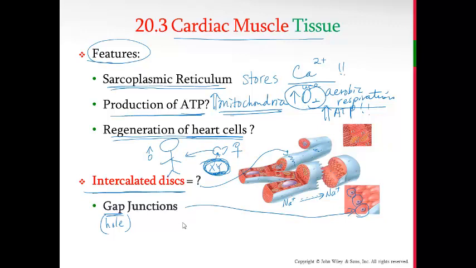So they have a way for the cells to communicate. This is great for communication, especially when the heart cell has to undergo action potential, because we want our heart muscle cells to all contract in unison so that they all work together.